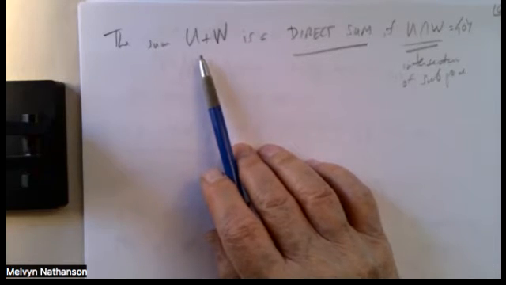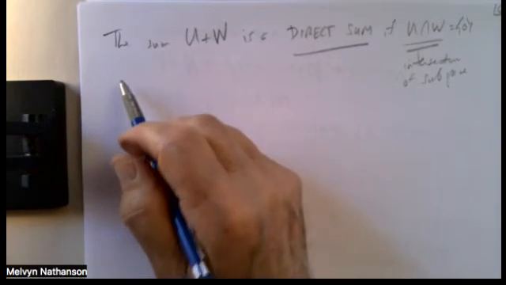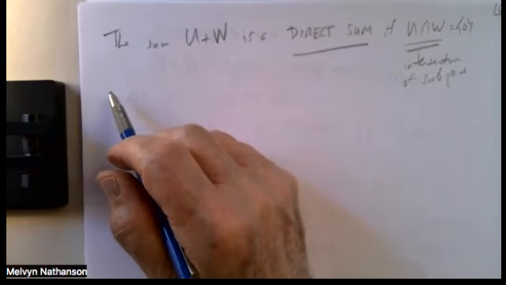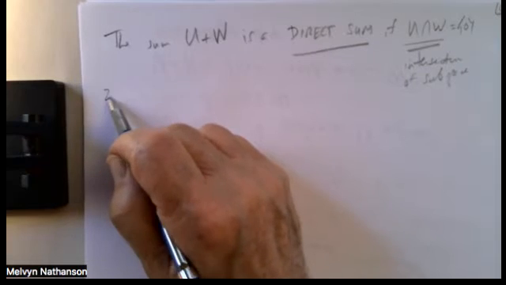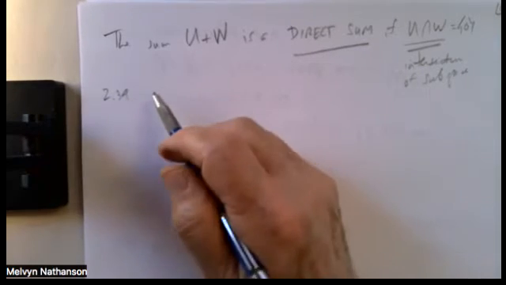And so the statement about direct sums is as follows. This is really quite important from the point of view of geometry. This is 2.34.